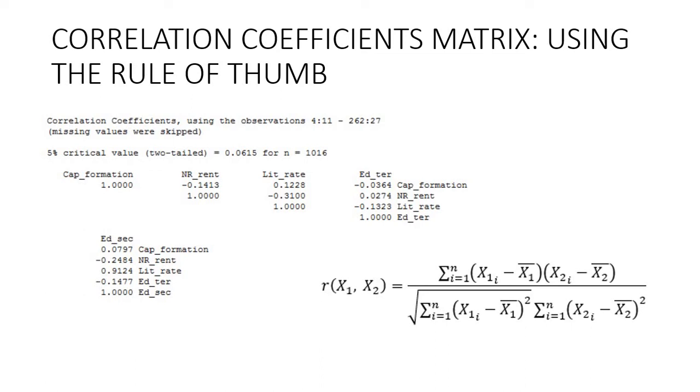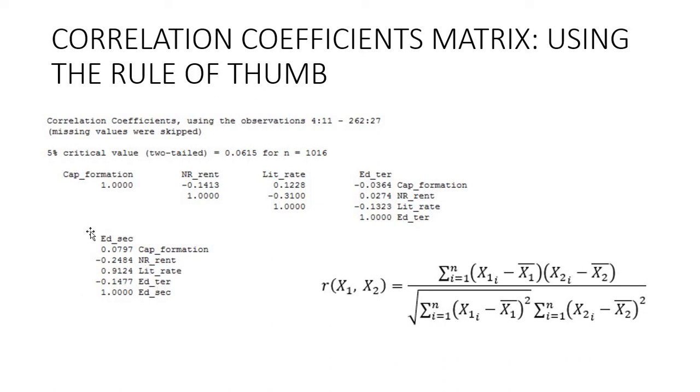For instance, in our case, we can see that the correlation coefficient between literacy rate and natural resources rent is negative, which means that a higher literacy rate means smaller natural resources rent and vice versa. Actually, there is a significant correlation between secondary education enrollment rate and literacy rate.